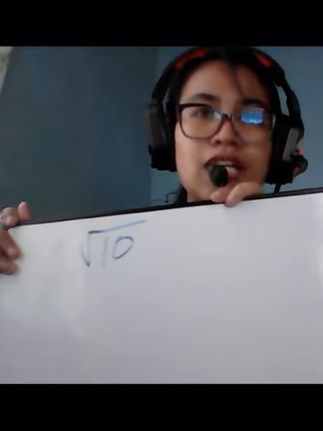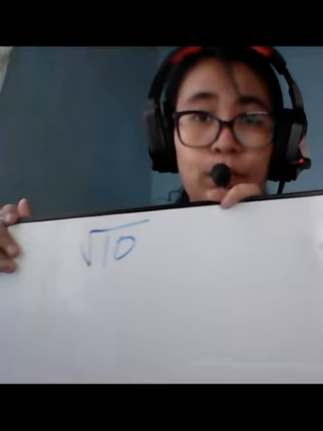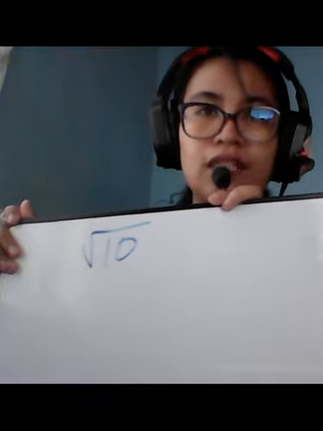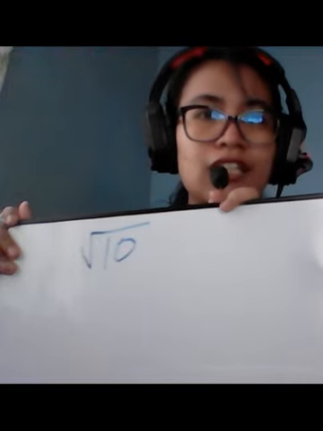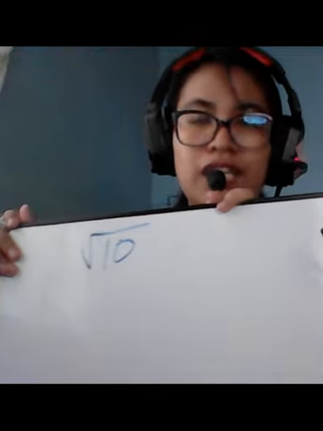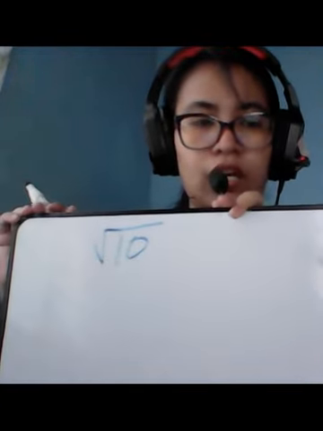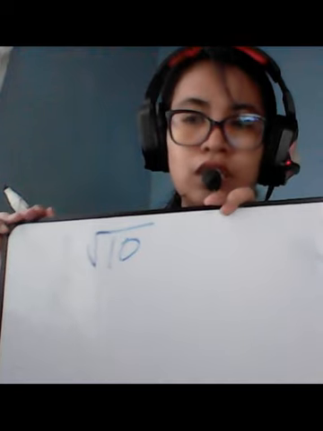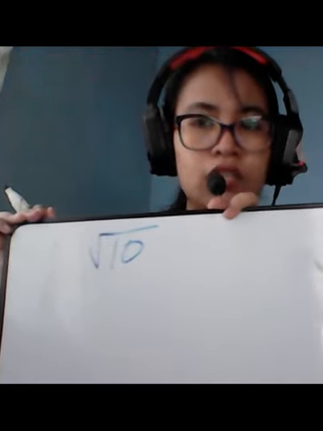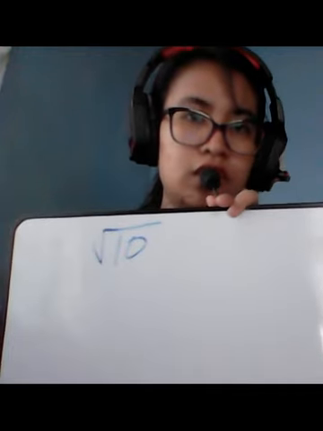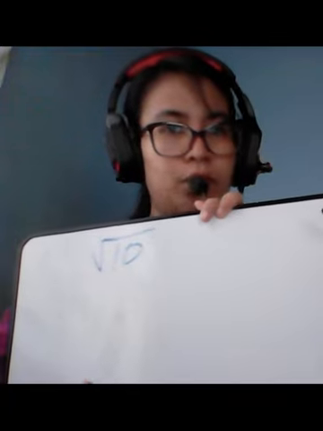So since it is in between 3 and 4, we will think of a decimal number this time that we will multiply by itself until we reach the nearest hundredth or the nearest number to our 10. Since it is between 3 and 4, let us choose 3.16 to be multiplied by itself.